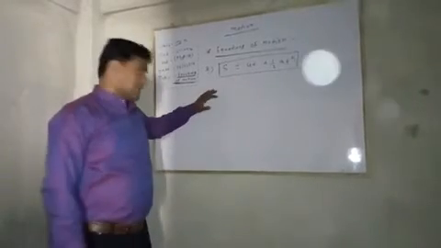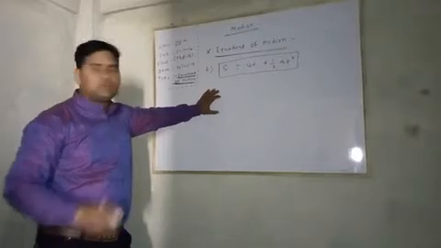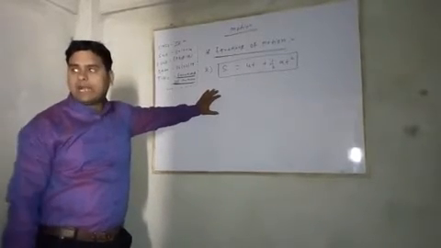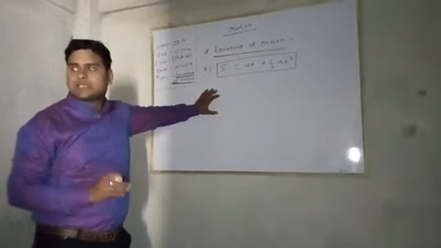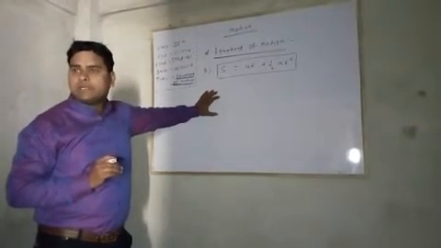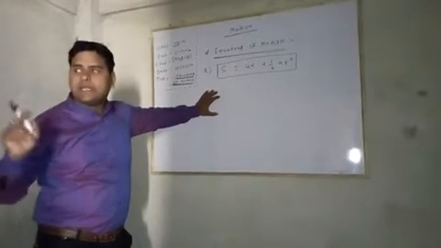Now, how can we prove it? Then we have to go to average velocity. As we have discussed earlier, average velocity of a body is given by initial velocity plus final velocity by 2.